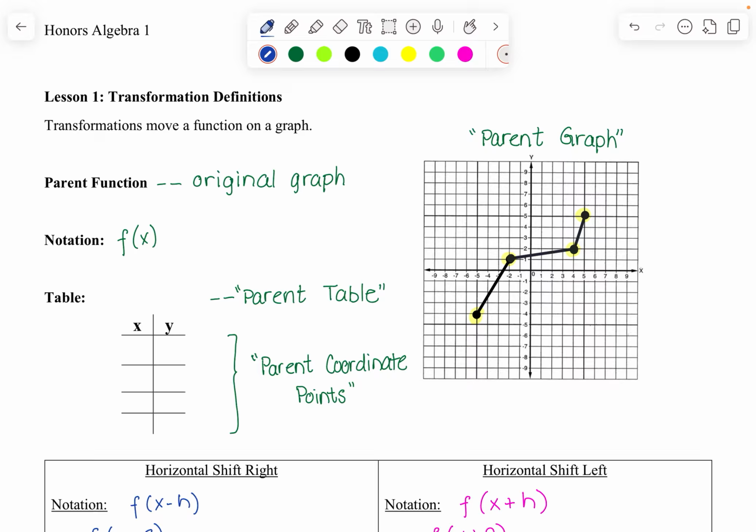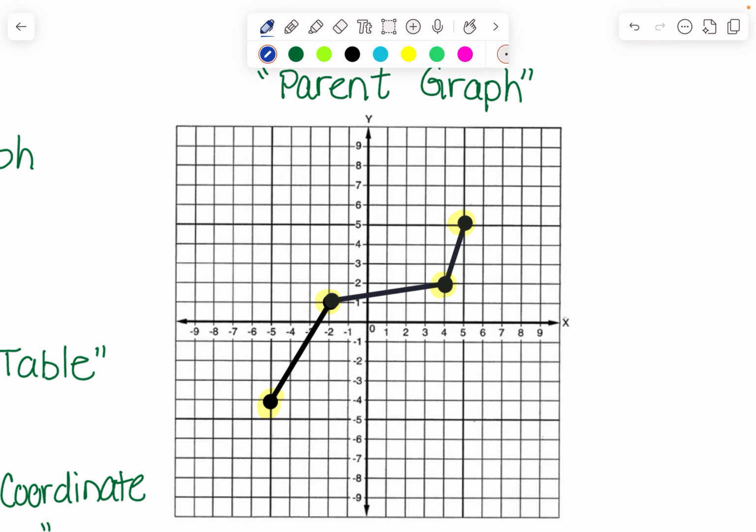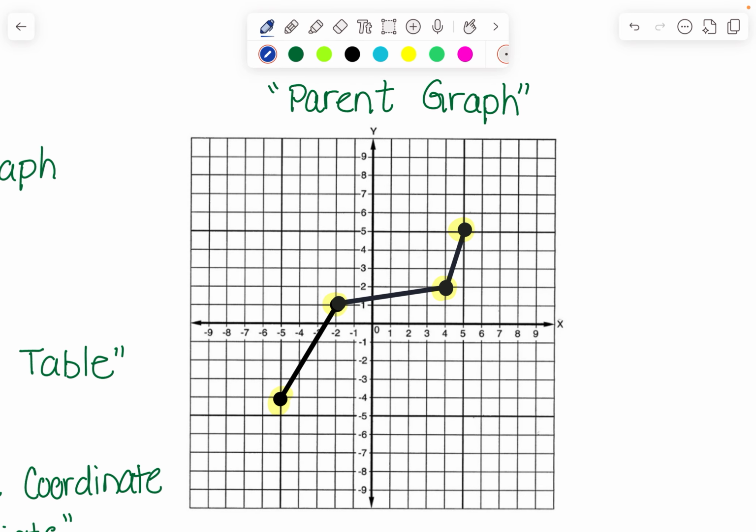Lesson 1, transformation definitions. Transformations basically move a function on a graph. If you take a look at the graph here, this is what we will call the parent graph, the original graph, the original function. You can clearly identify in the yellow highlighted region the coordinates of this parent graph.